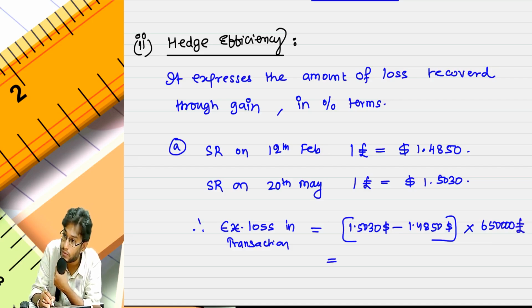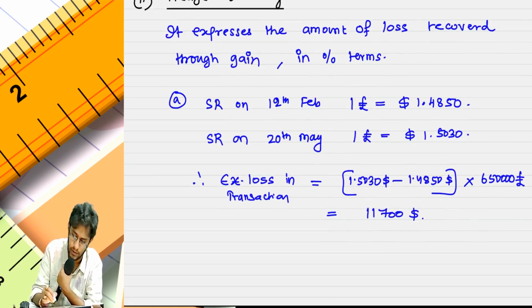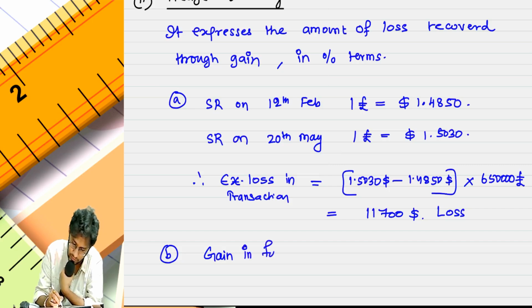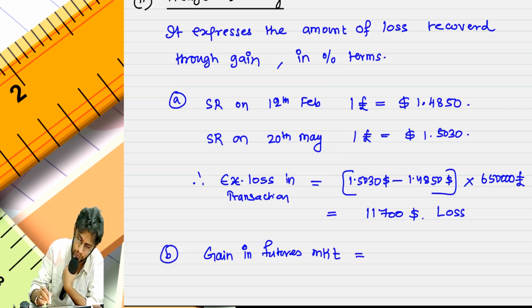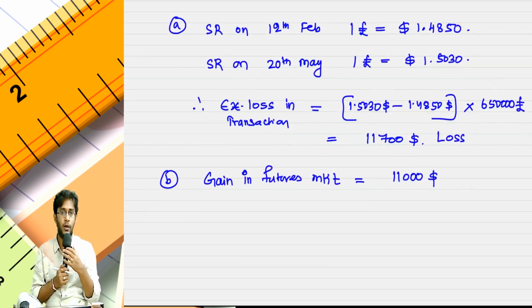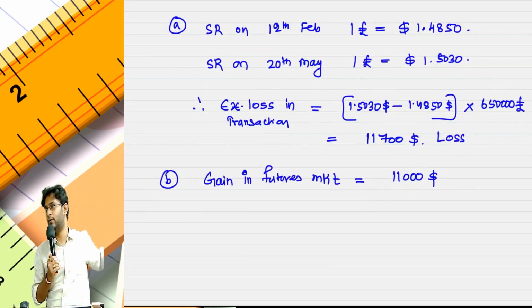And $11,700. Pakka loss, there's no doubt. B, gain in futures market. Again you did not compute, already computed. How much gain did you get? $11,000. So in one market you suffered loss, another market gave you gain.